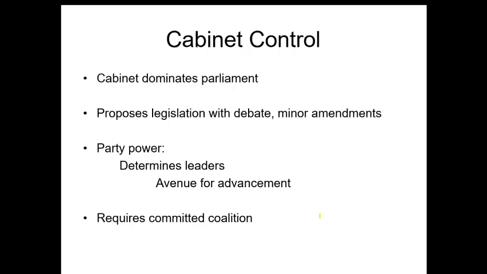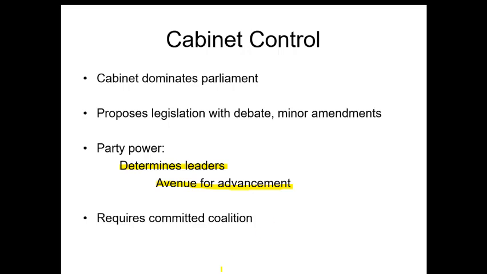So part of this party power is that it determines who the leaders are. Again, the prime minister, obviously, is the head of government because he's the head of that party that won control of it. And as we've said before, in these proportional representation, multi-party systems, such as in Great Britain, the party is more of a farm team for government, where it provides an avenue for advancing up through the ranks through party power.